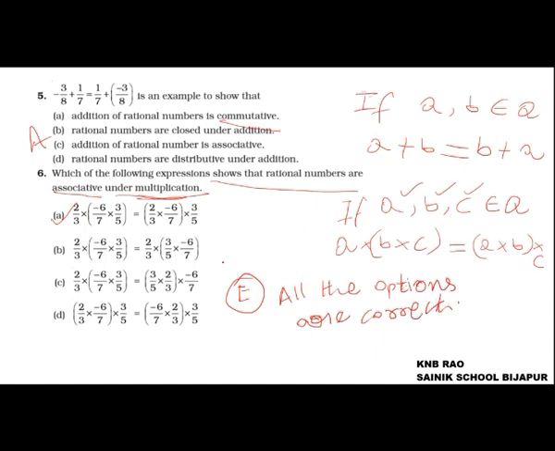In my opinion, all tell the same: the product of any 3 rational numbers is the same.